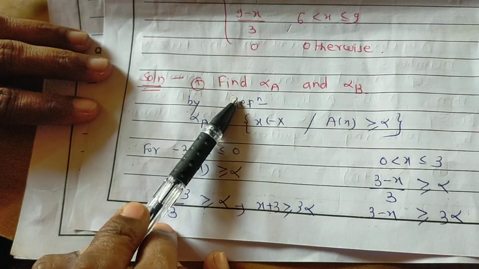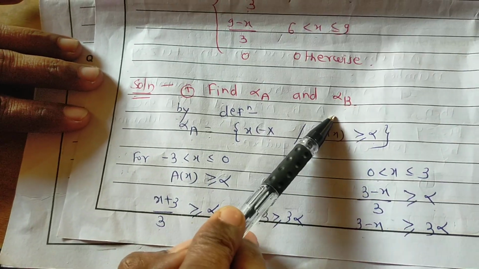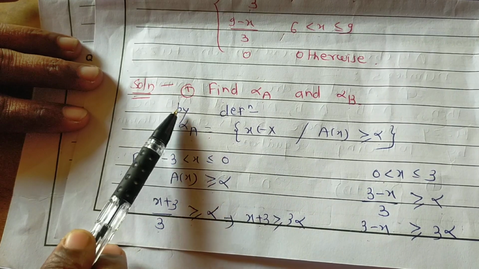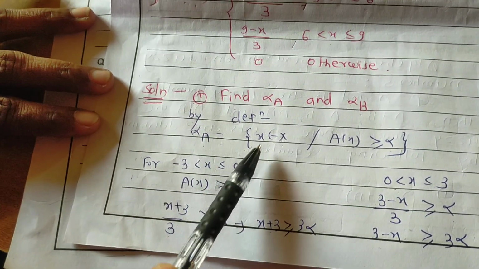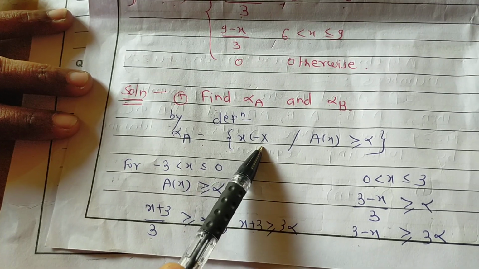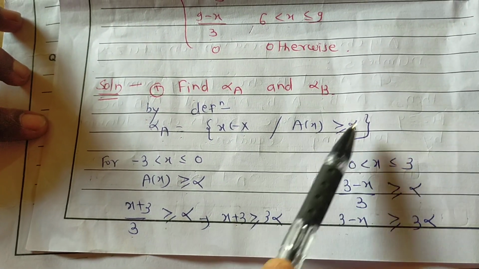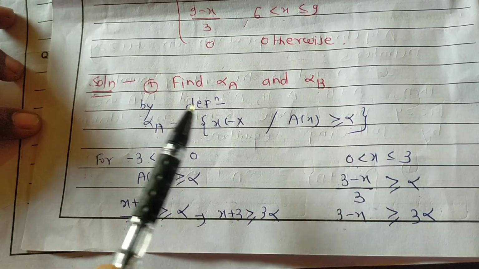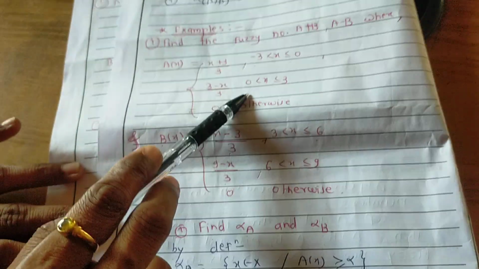First, we have to calculate alpha cut of A and alpha cut of B. See, we know the definition of alpha cut of A is the set of x belonging to X such that A of x is greater than or equal to alpha. Now A of x fuzzy set is given for two intervals.